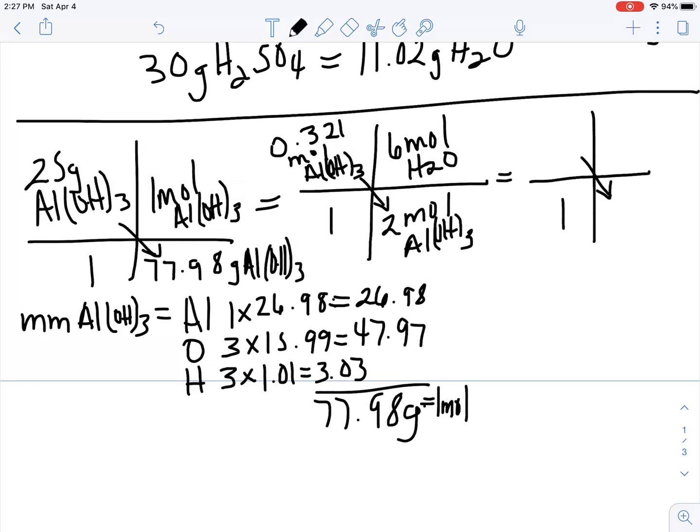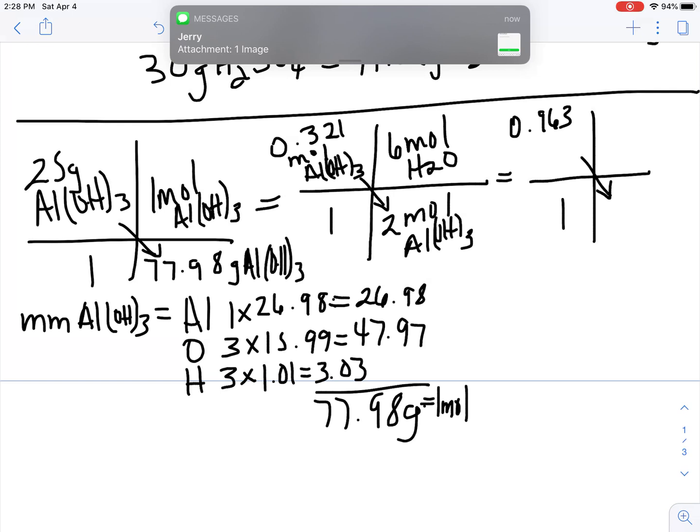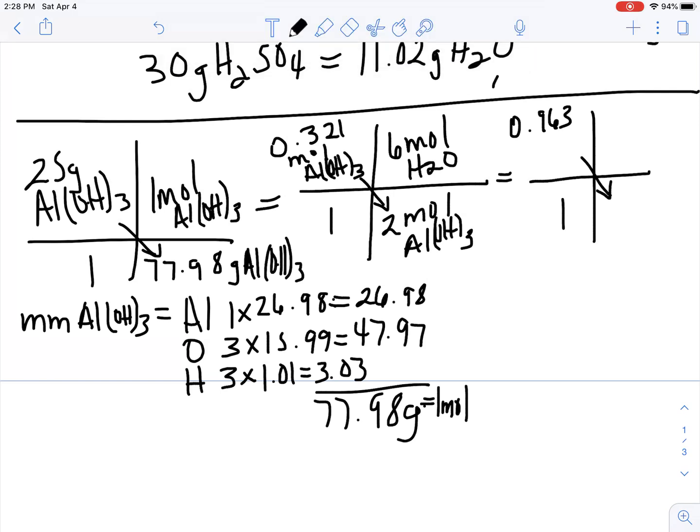Whatever answer we get is going to go on the top left of our new T-chart. 0.321 times 6, divided by 2. We get 0.963 moles of H2O.